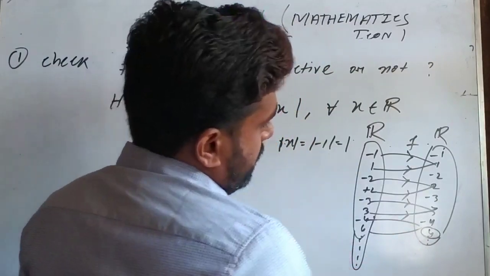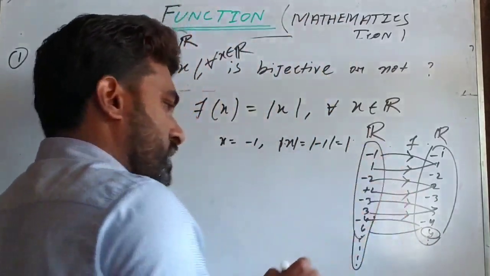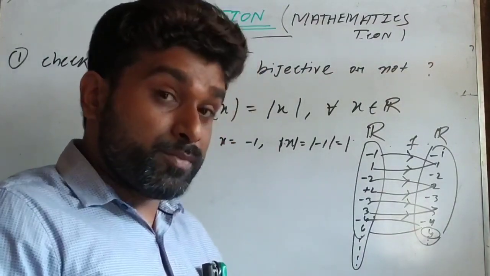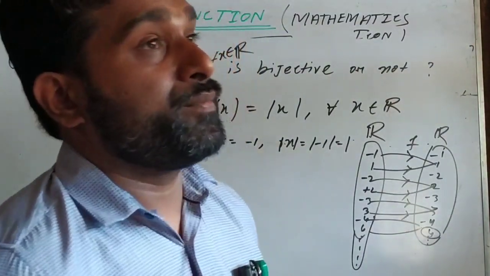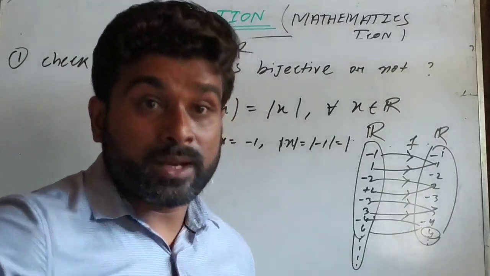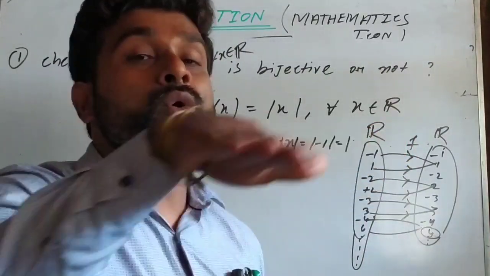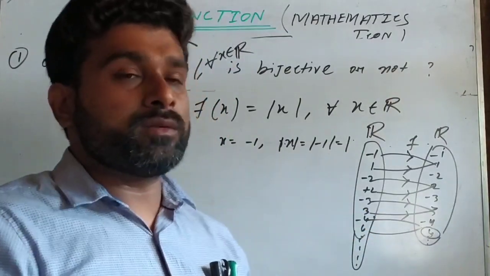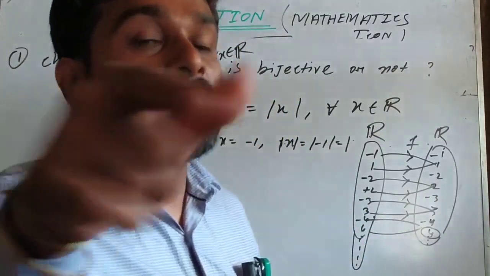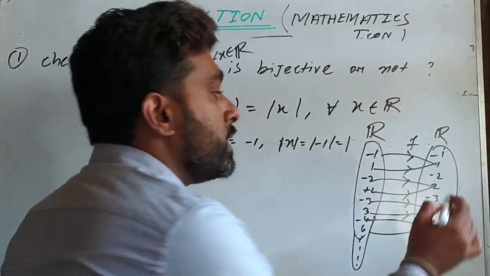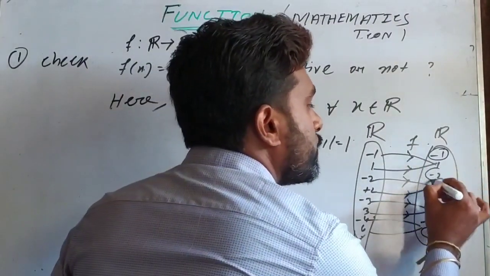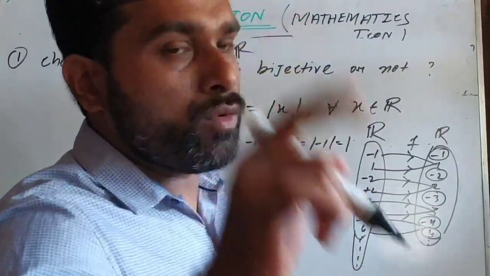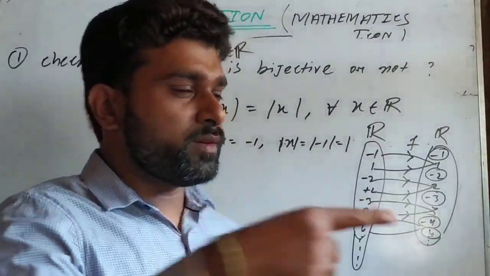Okay. So here you can see that in the first set, no need to consider the first set here. Just check: is there any element in the second set left which has no mapping, no relation with the input set? Here we can clearly see all the negative values have no mapping with the input set.